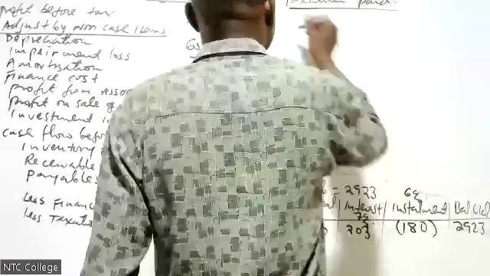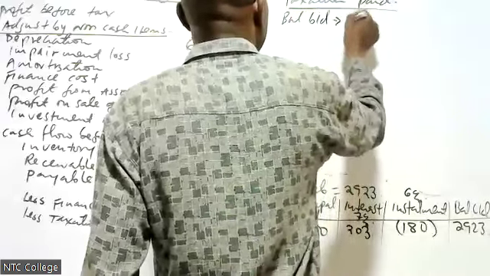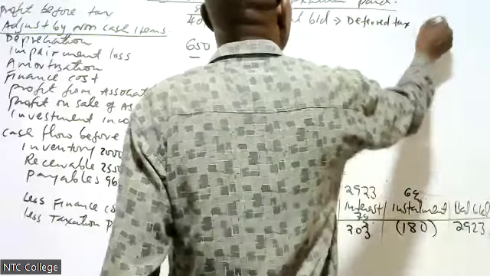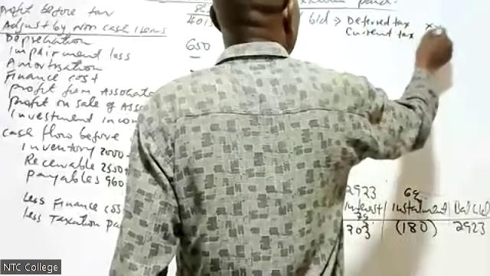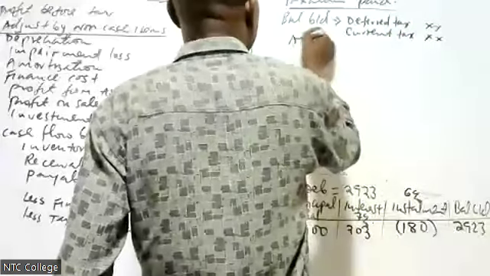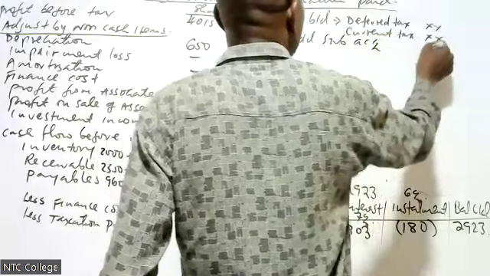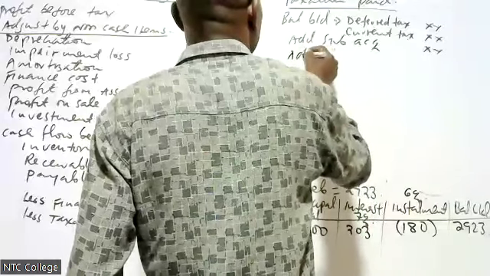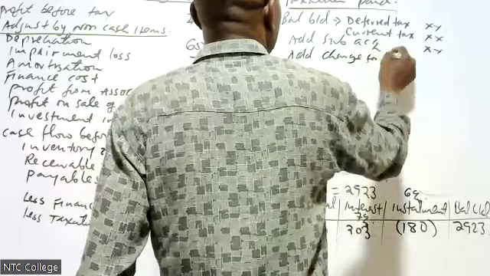Taxation paid. Here you take balance brought down, that is the deferred tax and current tax. Then you add subsidiary acquired, now that we know that we acquired the subsidiary. You add charge for the year.